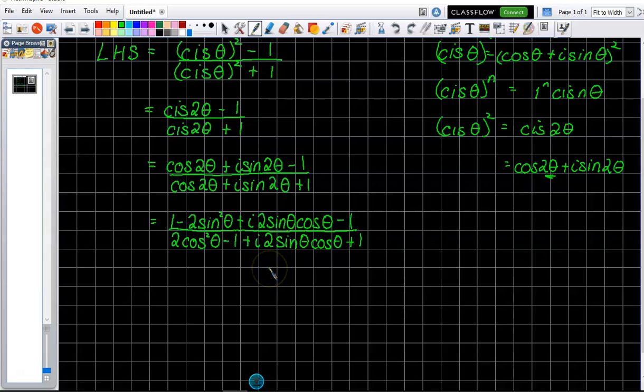Not allowed, because we've got the plus here, you can't just cancel. But what we can do is cancel this one with that take one, and we can cancel this minus 1 with this plus 1. That's the whole reason we made those choices for our cos 2 theta. Do we agree, Kels? Yeah.